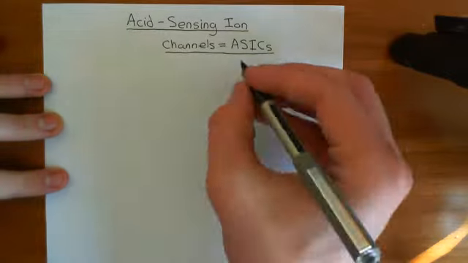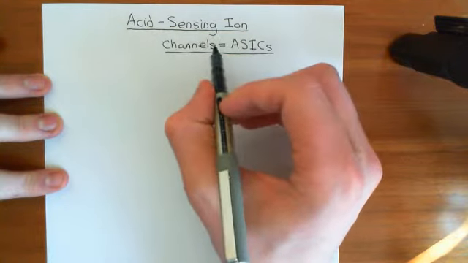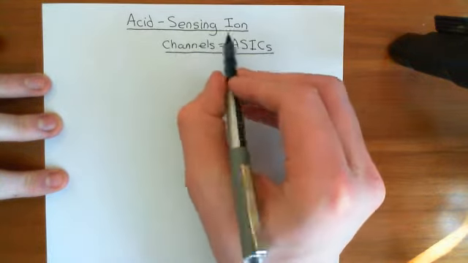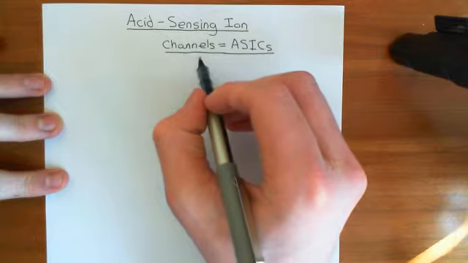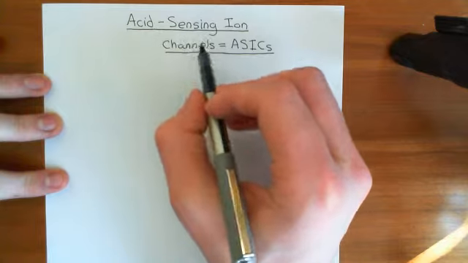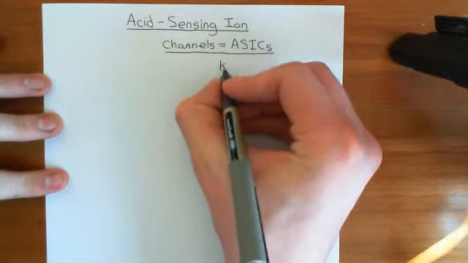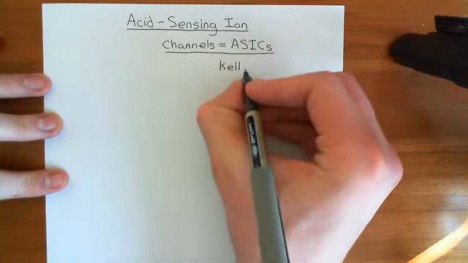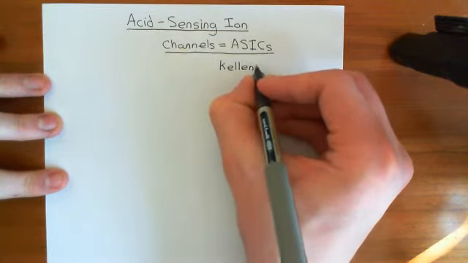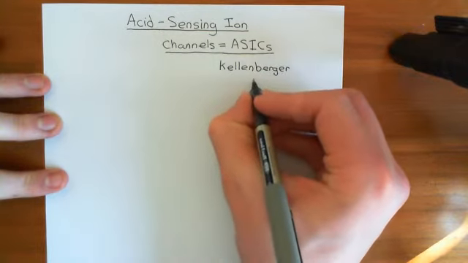I should firstly give you my reference for where I took the information that I'm going to present in this video, because this topic isn't quite standard enough yet to be put in textbooks, so I had to go to a secondary research article, also known as a review. The reference is Kellenberger and Grutter, 2014.